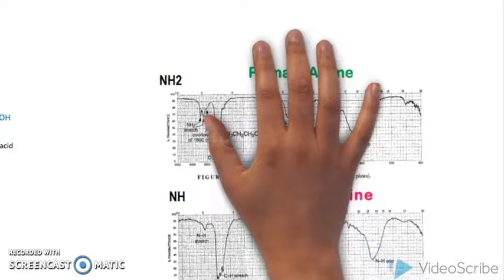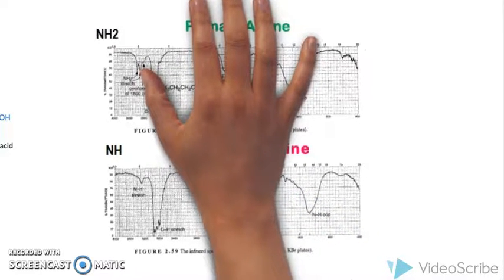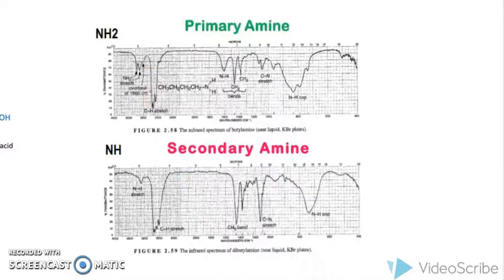The next important functional group is NH2, or amine. There are two types of amine which we can differentiate with the help of IR: primary amine and secondary amine. By seeing the shape, we can easily identify whether your compound contains a primary or secondary amine. If it is a primary amine, meaning NH2, you will get a bi-lobed peak in IR.